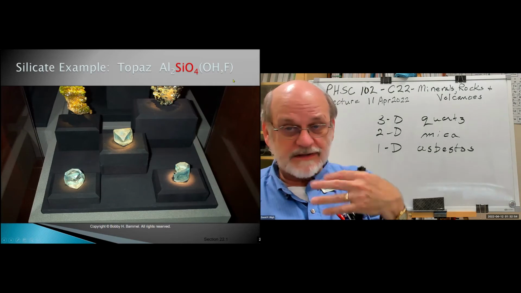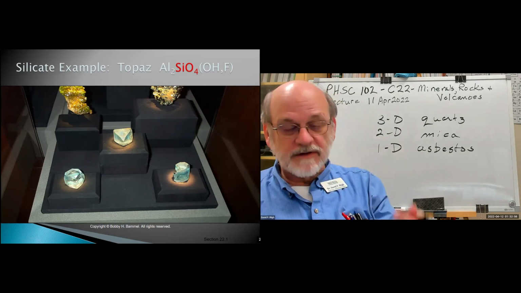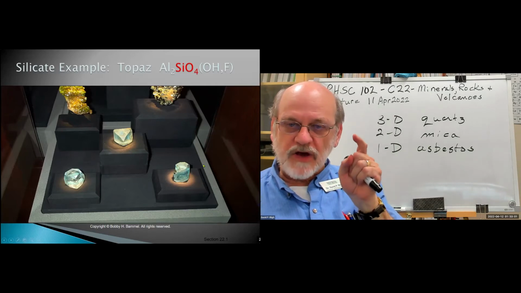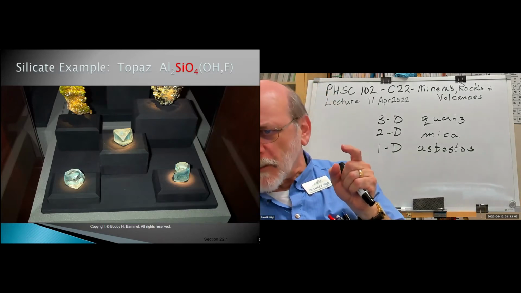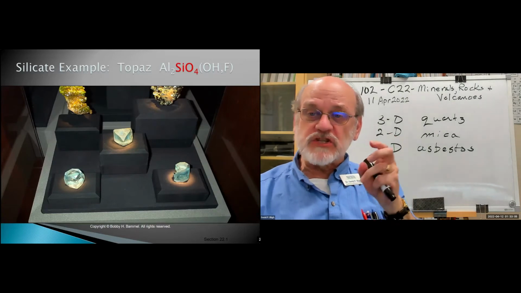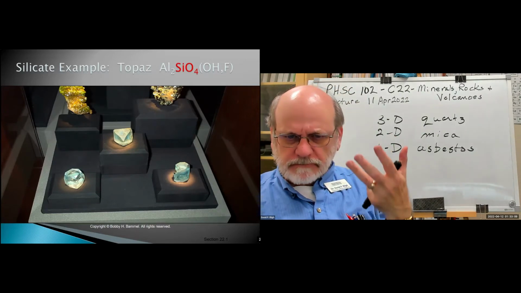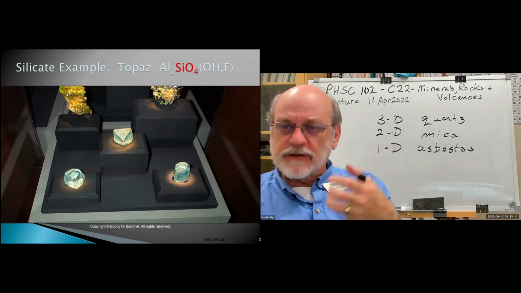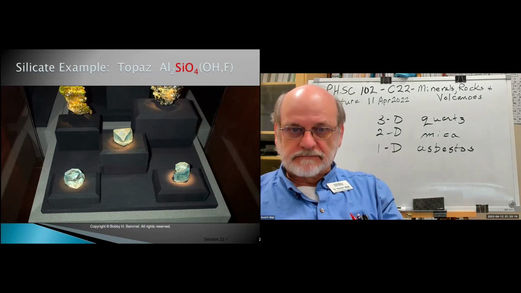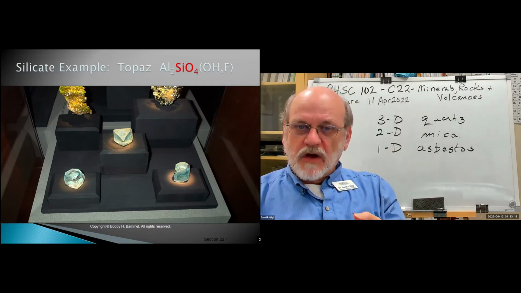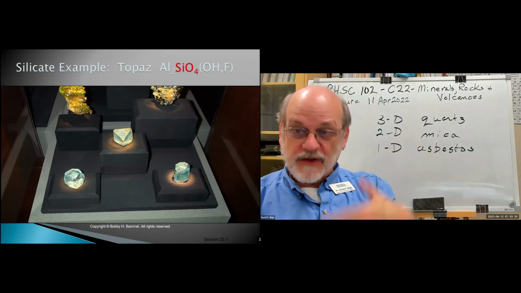So you can see that these things get very complex very quickly. But that's not bad news, because it allows us to differentiate among the minerals. And these minerals have different properties. Right? So if we know what to call them, we can infer certain things about their behavior.